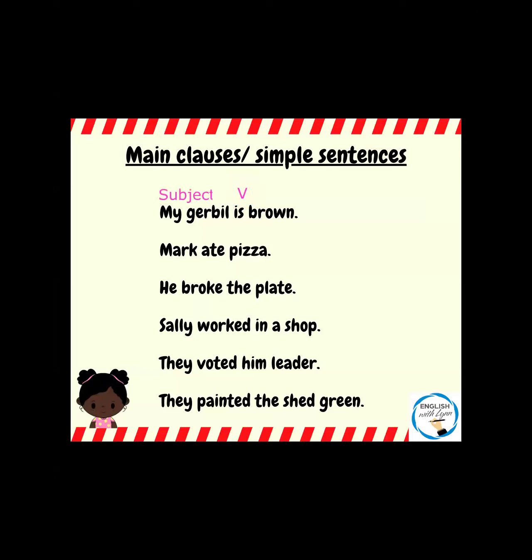Now, in this sentence, it finishes with the brown, and the brown is telling me more about the gerbil. It's telling me more about the subject. So from that, I can work out that the brown is a subject.